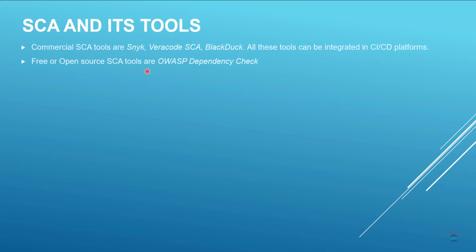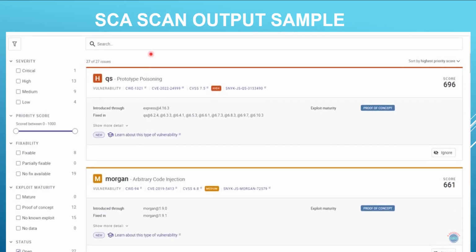Now let's see a sample report of SCA. What kind of information is provided by security tools about a security vulnerability identified in a third-party library, also called SCA scan. So as you can see, this is an output from Snyk, which has performed software composition analysis scan. You can see Snyk has identified a prototype poisoning vulnerability. You can see CWE, CVE and CVSS score.